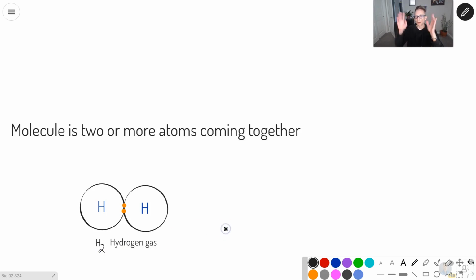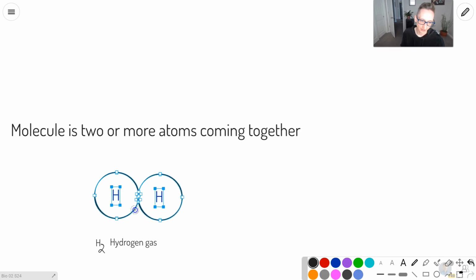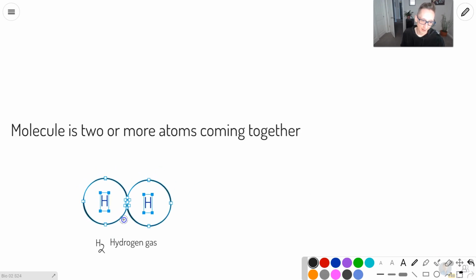The Hindenburg blimp that blew up and caught on fire was full of hydrogen gas. It's very, very flammable. So you don't want to use this to fill up balloons. That's why we use helium to fill up balloons and not hydrogen. But unless you add a flame to this, it's stable. This hydrogen likes to hang out with itself. It's now happy, because these are now sharing the electrons.